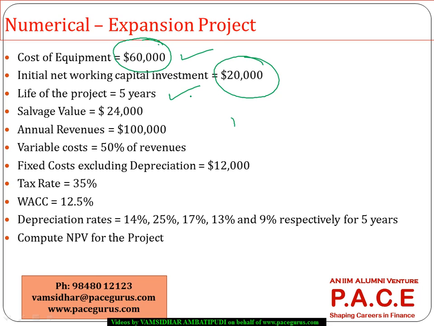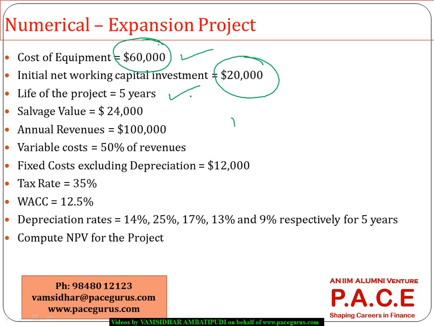We have to look at this aspect, and we always need to look at by what excess over the depreciated value the salvage value is. Based on that, we add the salvage value and even the tax based on that excess. We'll get into that aspect.